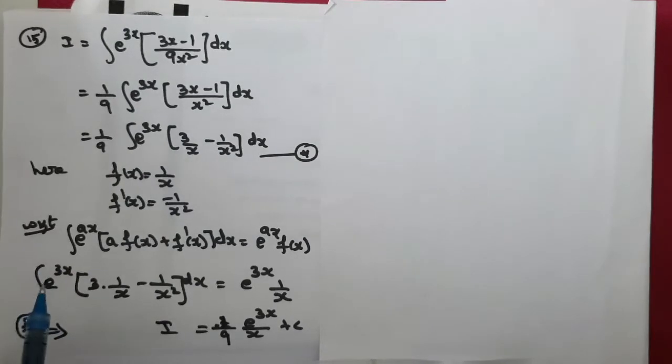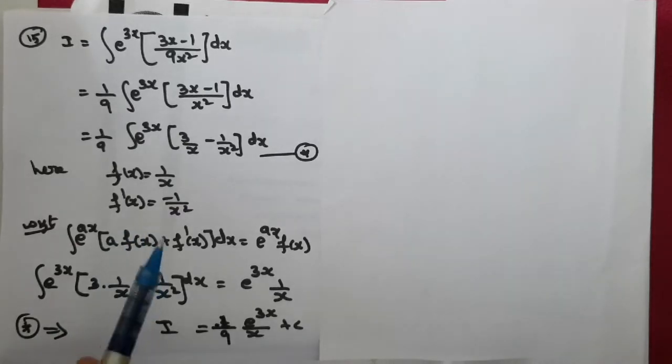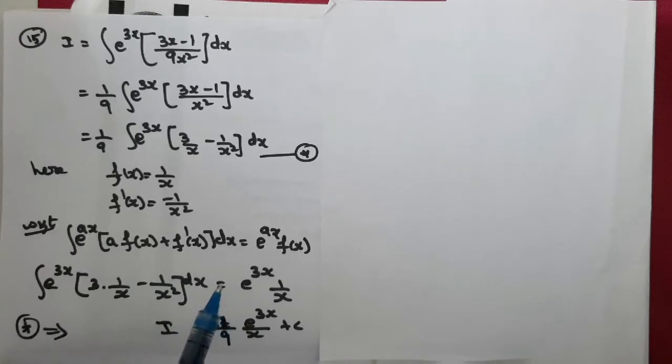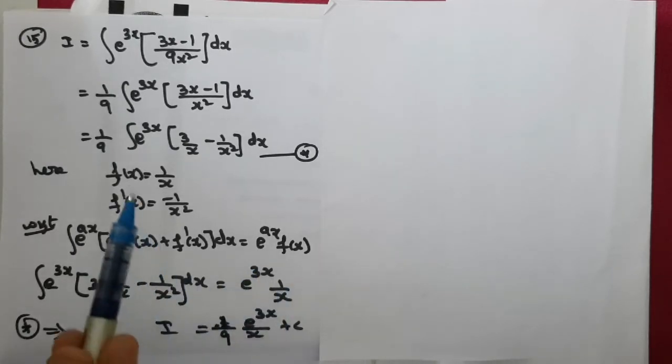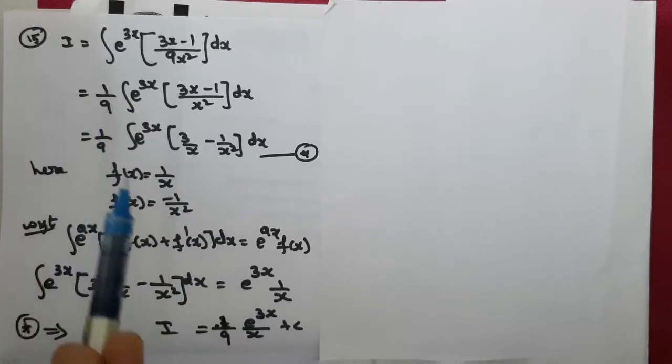So integral e power 3x of 3 into f of x, which is 1 by x, minus f dash of x, which is minus 1 by x square, into dx equal to e power ax, that is e power 3x into f of x, which is 1 by x. So this is the answer when you solve this integral.